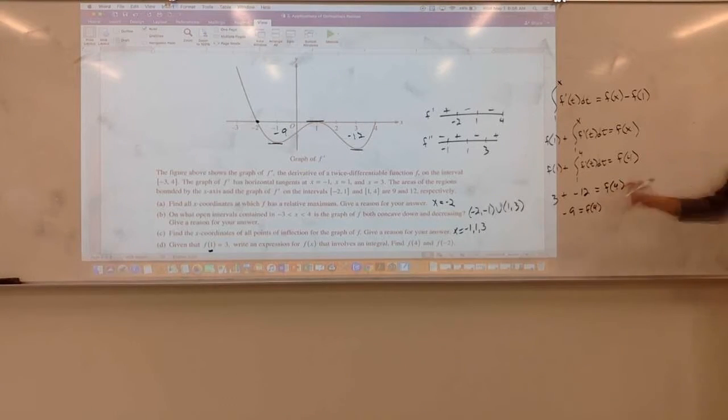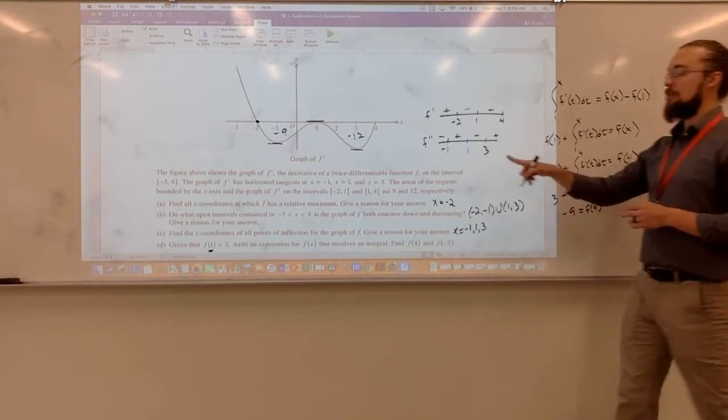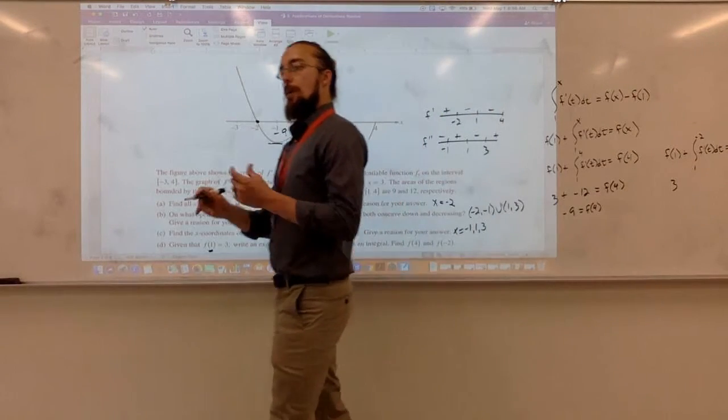Similarly, if I want to find f of negative 2, I would say f of 1 plus the integral from 1 to negative 2 of f prime of t dt equals f of negative 2. So again, we know f of 1 is 3. We know that this area is negative 9.